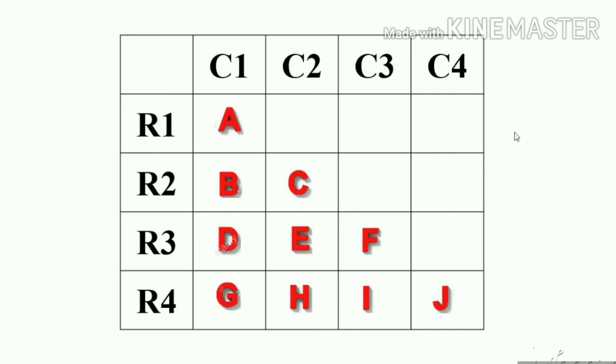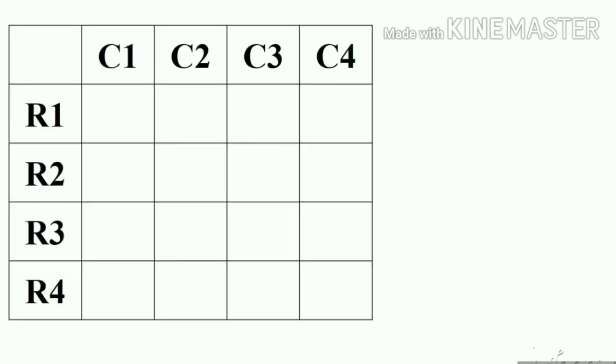So here we will take two loops, one loop for counting the number of rows and another loop for counting the number of columns. Let's try to understand how we have to print the value of P equal to A, then B C, then D E F in sequence order.